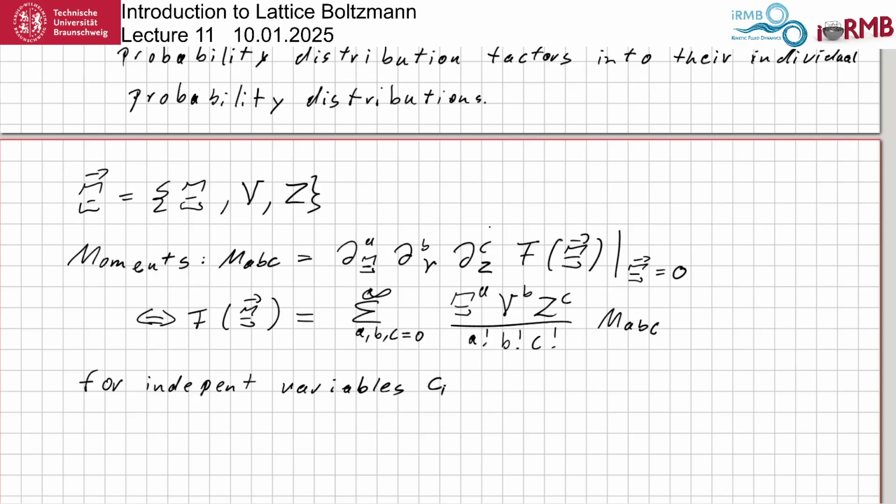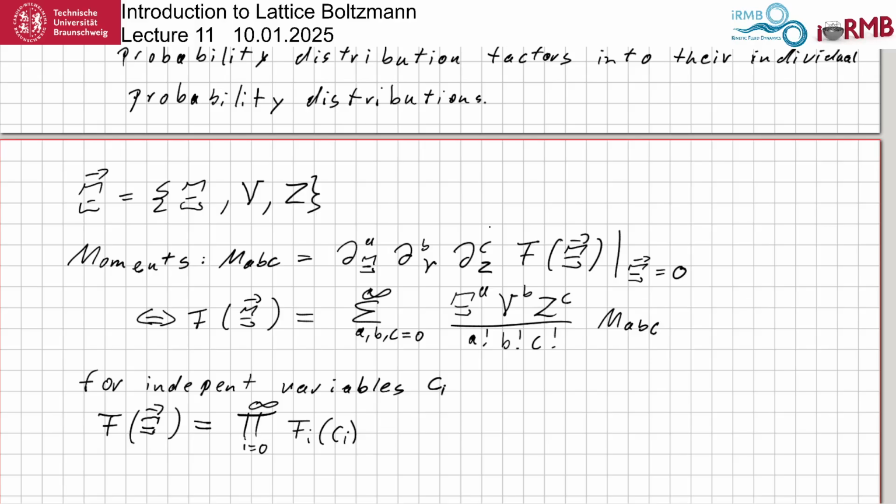So say there should be independent variables, and we say that f of Xi is defined as being the product from i to infinity of individual probability distribution functions Fi that only depend on Ci.